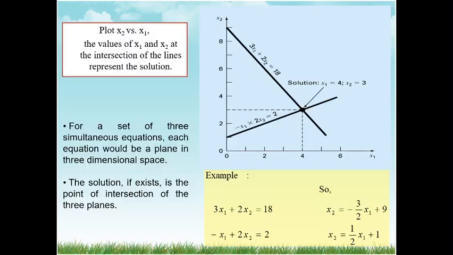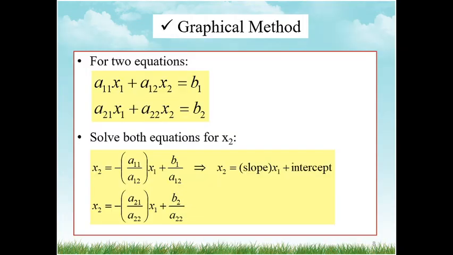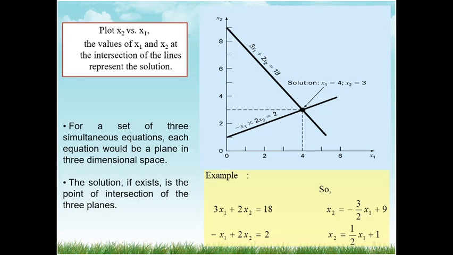If you use the graphical method, we simply plot each equation, so we will get two linear plots. The intersection of these two linear plots will give us the root or the solution for the unknowns.